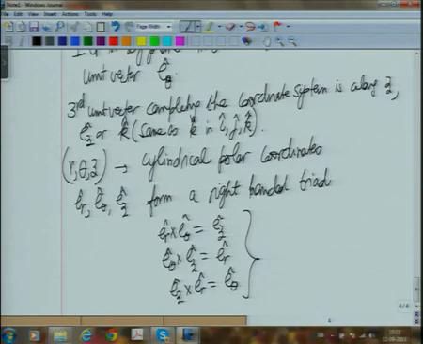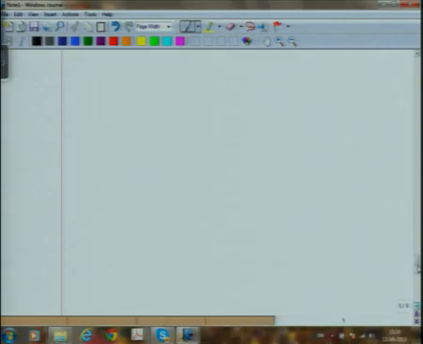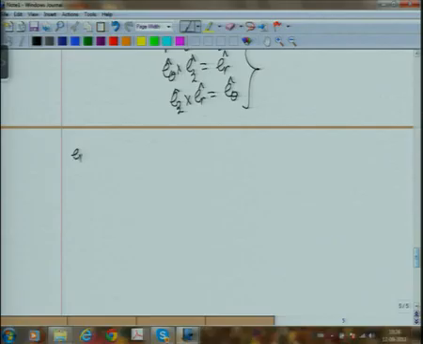Now to work this out, let us give some names. ER is referred to as the unit radial vector.